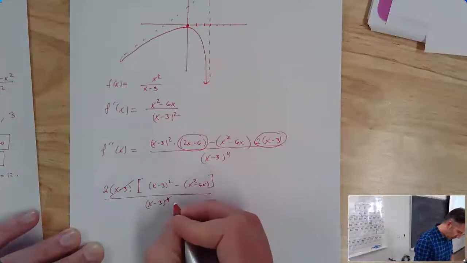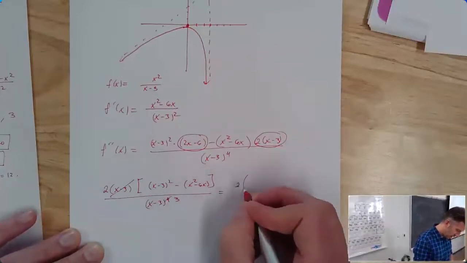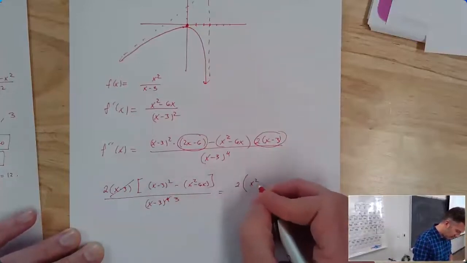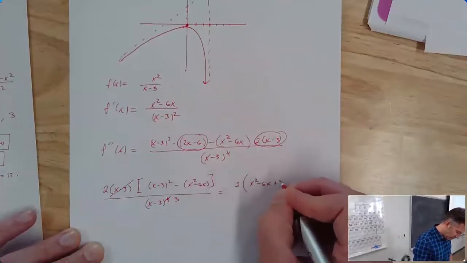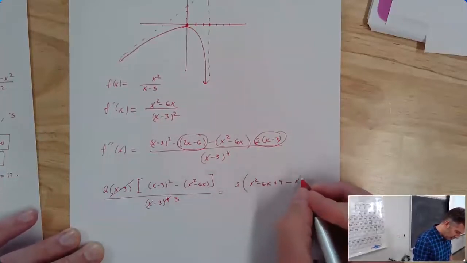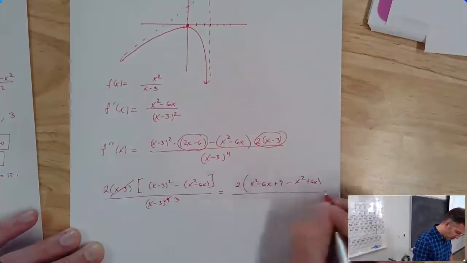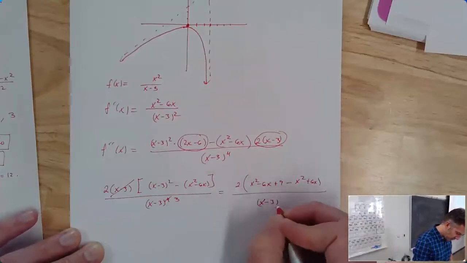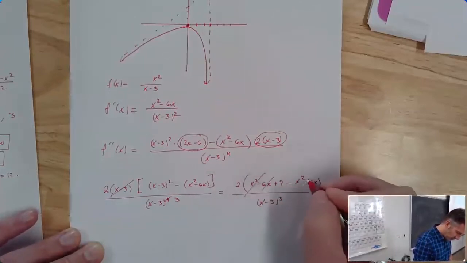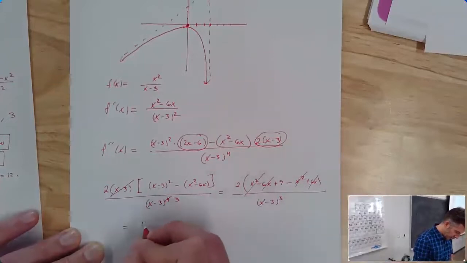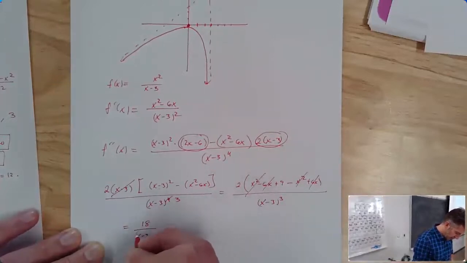Cancel that one with one of those. Left with 2 times (x squared minus 6x plus 9 minus x squared plus 6x). And look what happens. Everything cancels except for the 9. So left with 18 over (x minus 3) cubed.